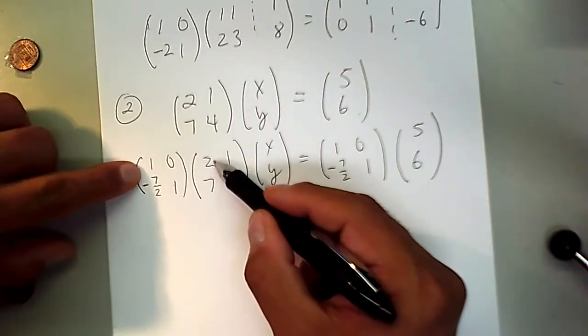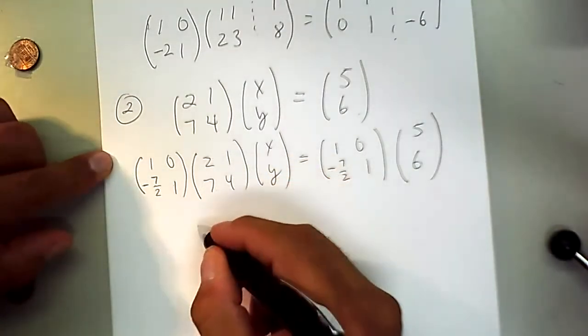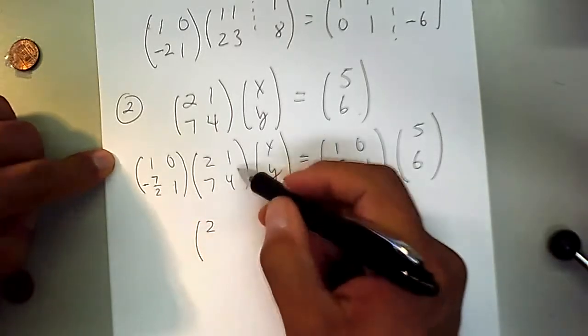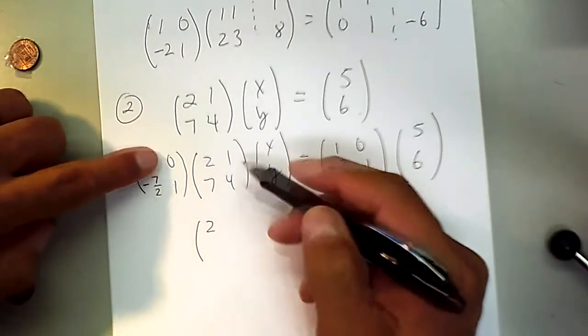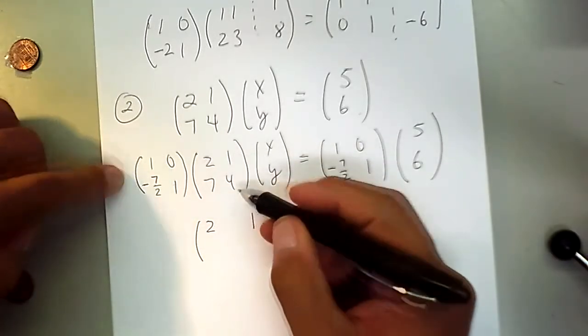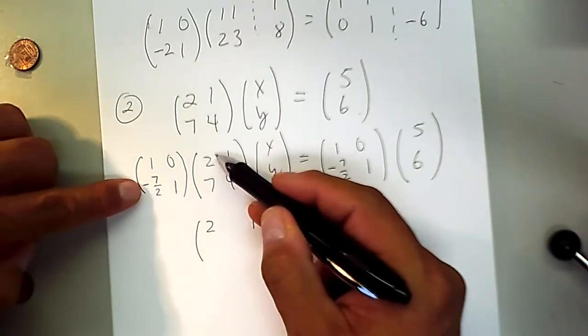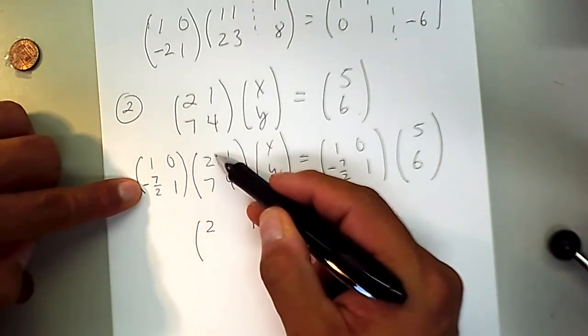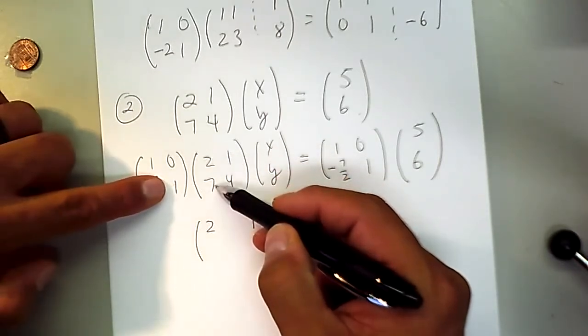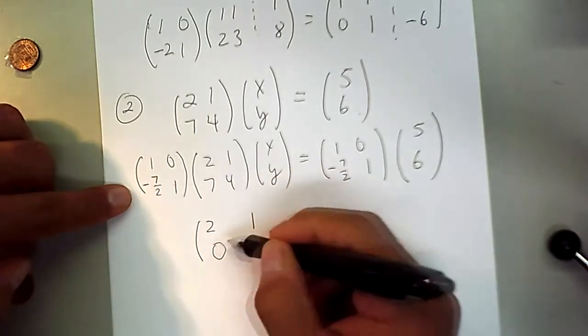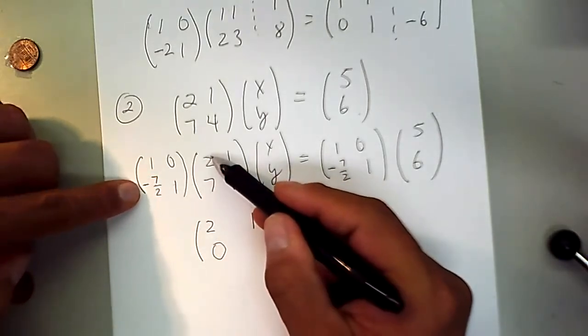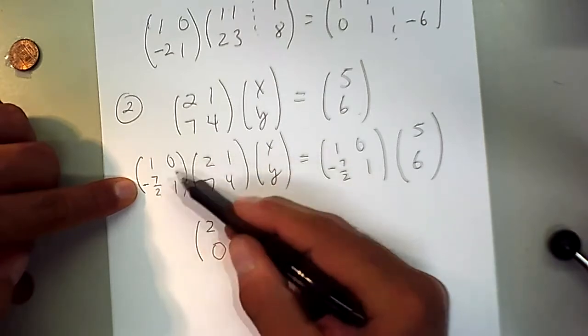So 2, nothing. We're going to end up with 2. 1, nothing. So that's 1. 2 times negative 7 halves is negative 7, plus 7, 0, which is what we intended. Again, 2 times negative 7 halves is negative 7 because the 2's simplify.